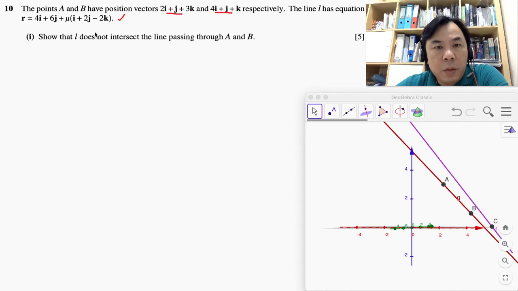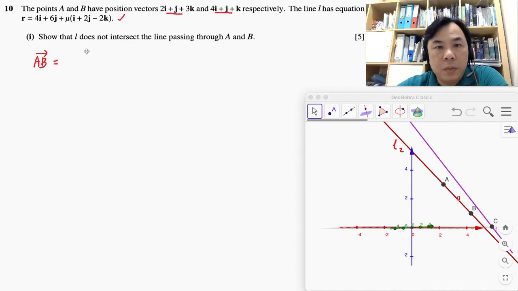First step, we're going to work out the line equation that represents the line that passes through A and B. First of all, we need the direction for the line that passes through AB, which is this line here. Let's call this line L2. The direction is given by AB, so let's work out the vector AB.